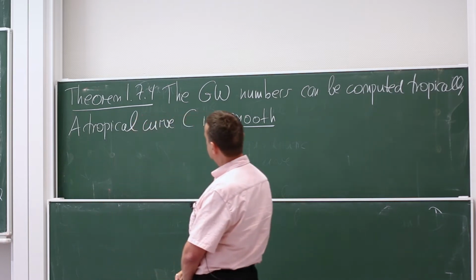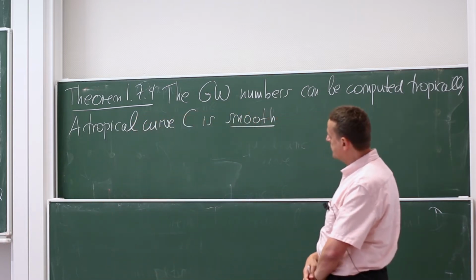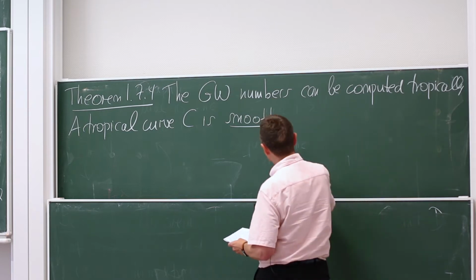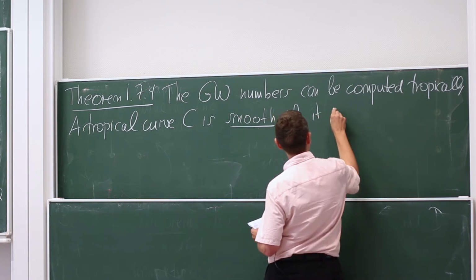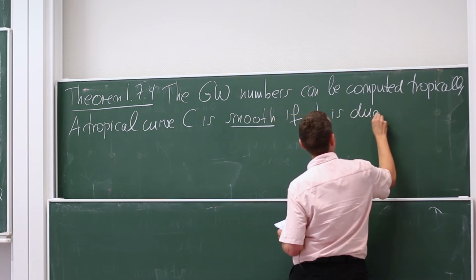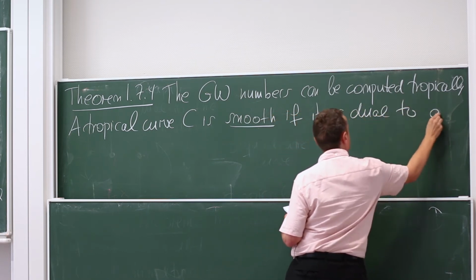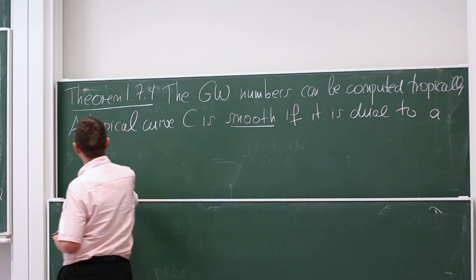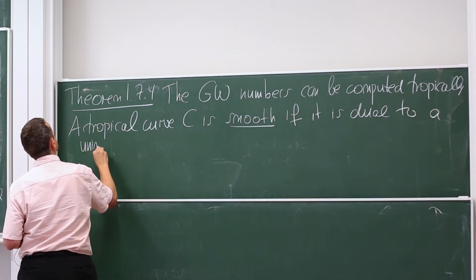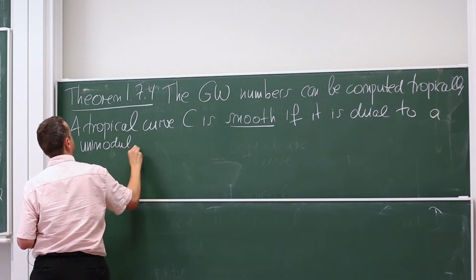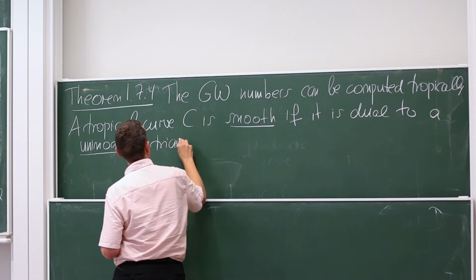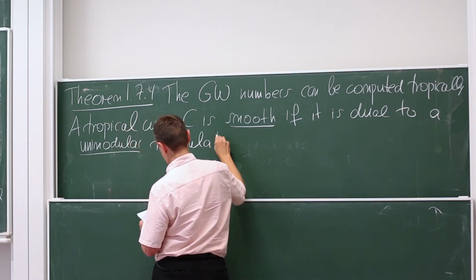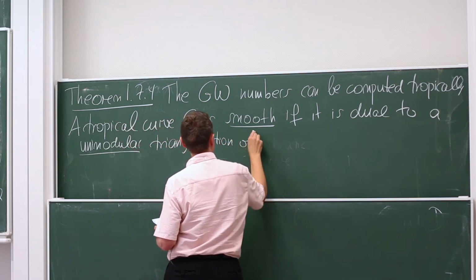So we need a combinatorial notion of being smooth. And the notion is, in the plane, if it is dual to a so-called unimodular triangulation of the Newton polygon.